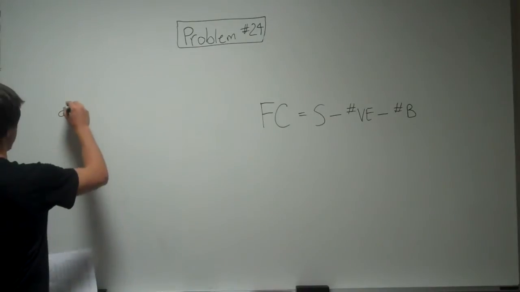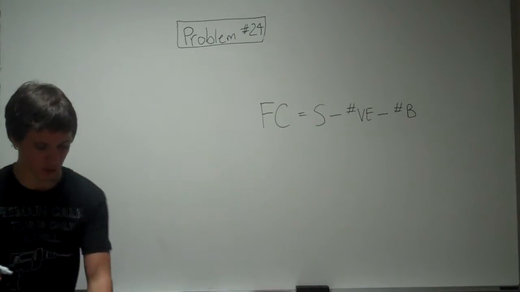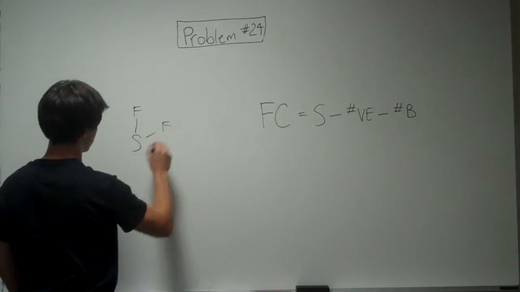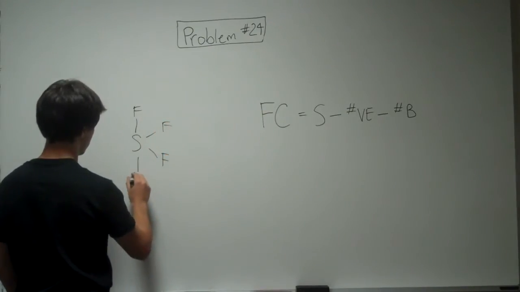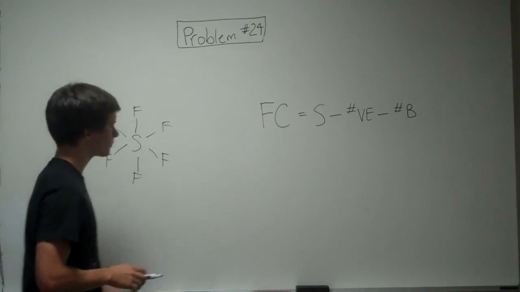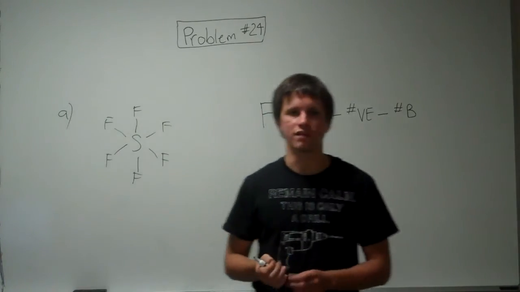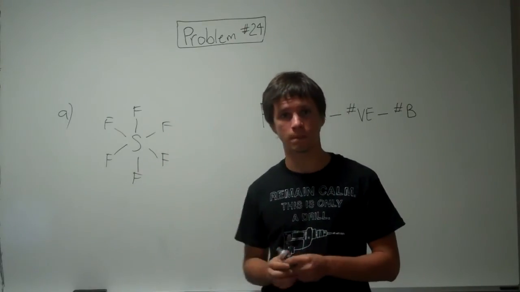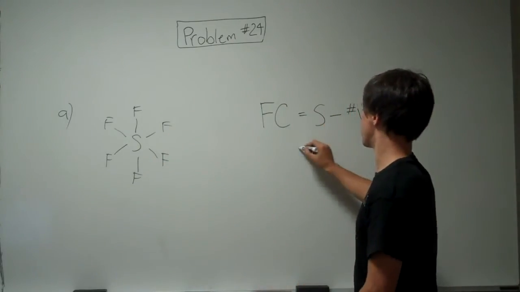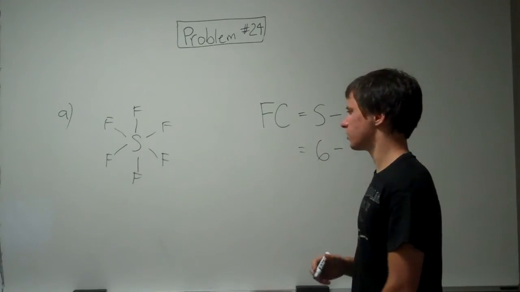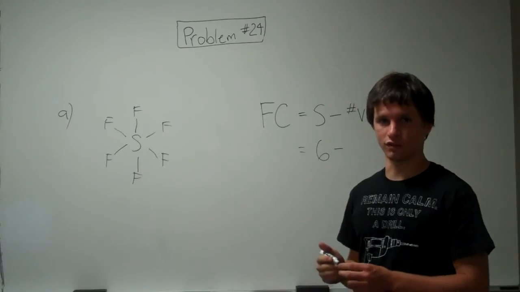So part A. They give you a sulfur with 6 fluorines on it. If you look for sulfur in the periodic table, you'll see that it's in row 6. So our starting number of electrons is going to be 6, minus the valence electrons on that sulfur.